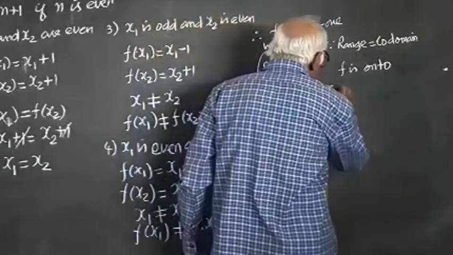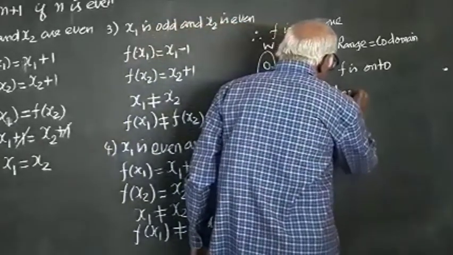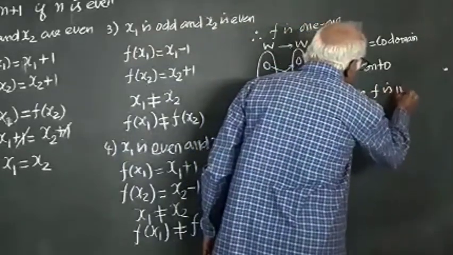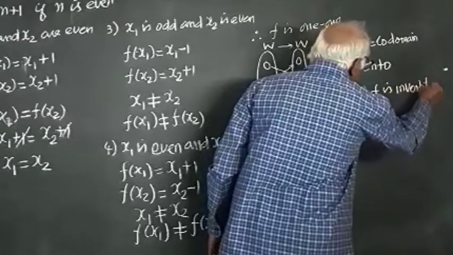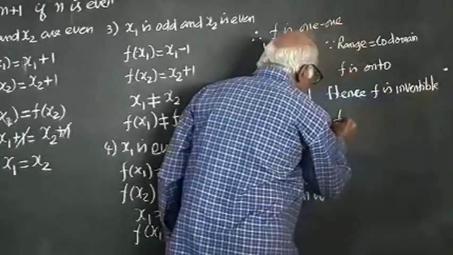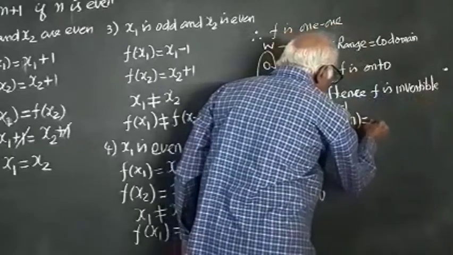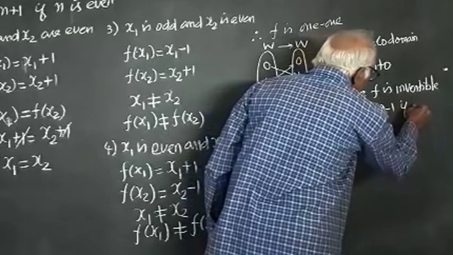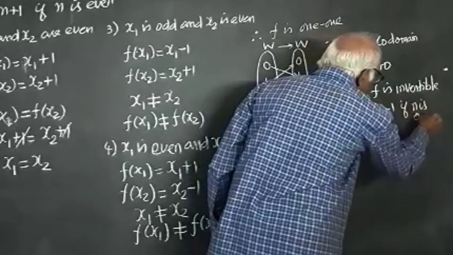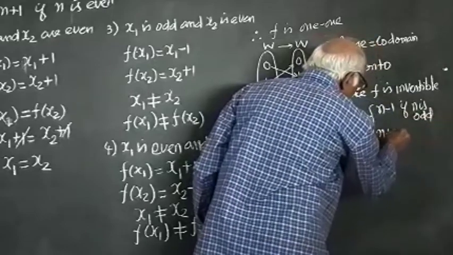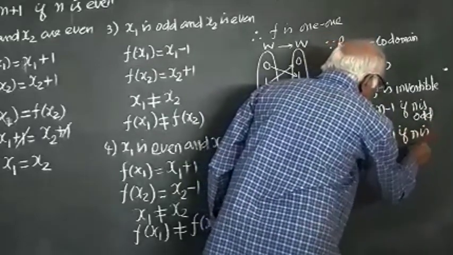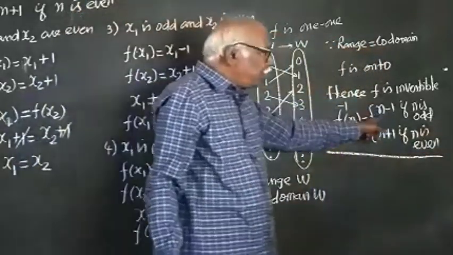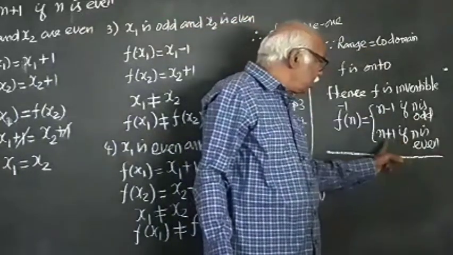Hence, f is invertible. f inverse of n is equal to n minus 1 if n is odd, n plus 1 if n is even.